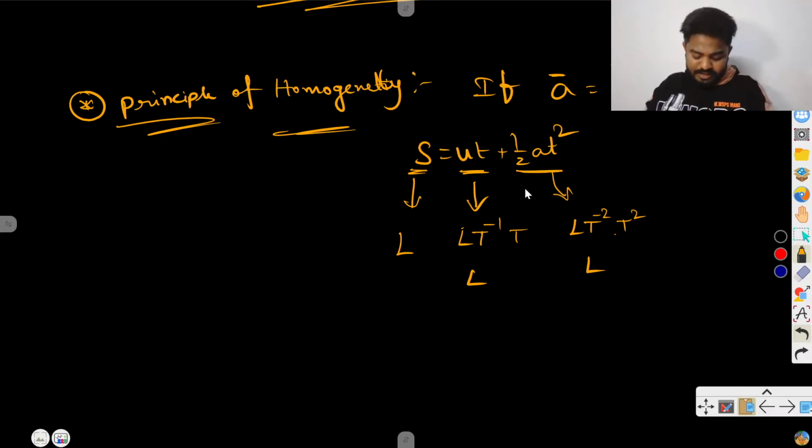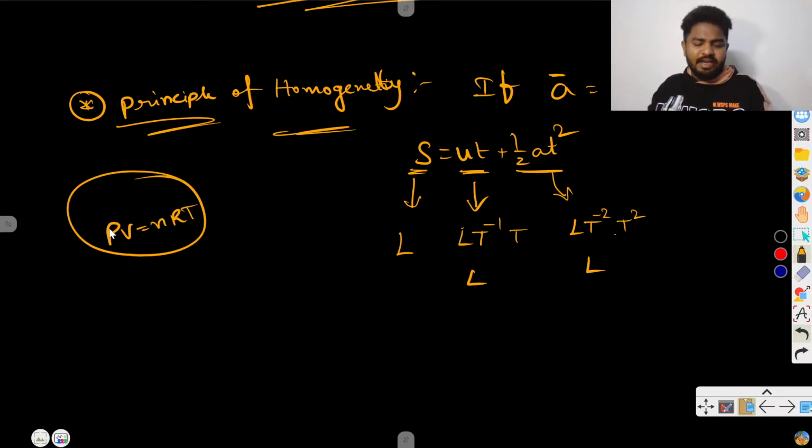Now, for example, based on this, take the van der Waals equation. PV is equal to nRT is the ideal gas equation. For real gases also there is one equation we know very well. What is that? The van der Waals equation. Many questions have been asked previously on the van der Waals equation.